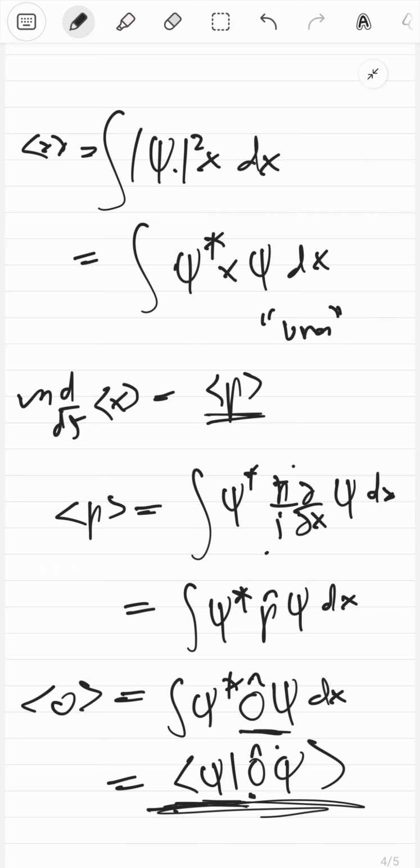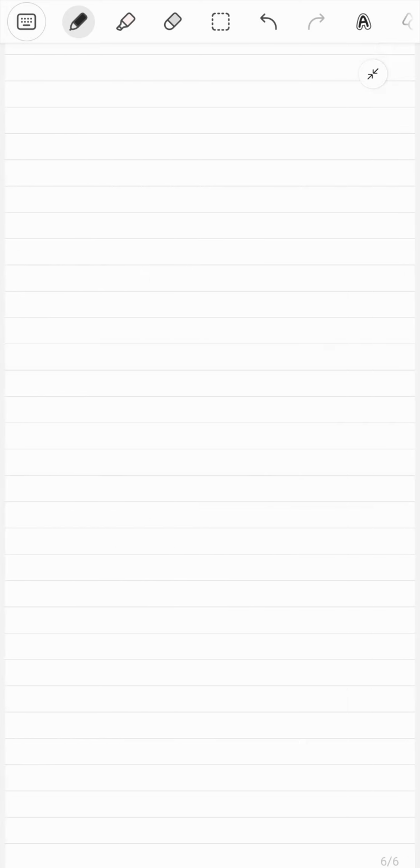It's the inner product between the function psi and the function that you get after applying operator O hat to psi. So O hat psi is some function of x and t, and you're taking an inner product between these two functions, right? And so this is the basic fundamental rule.